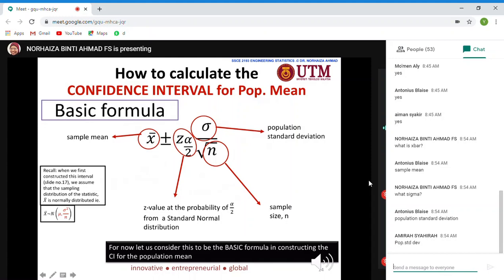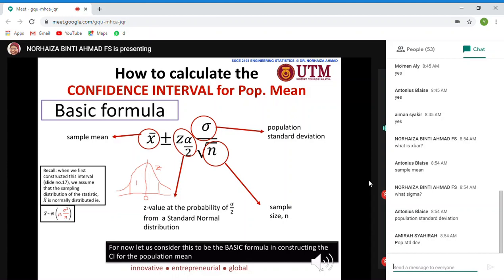So let's say this is your Z value, and a Z value always has a mean of 0. For a confidence interval, as I said just now, this is 1 minus alpha, correct?